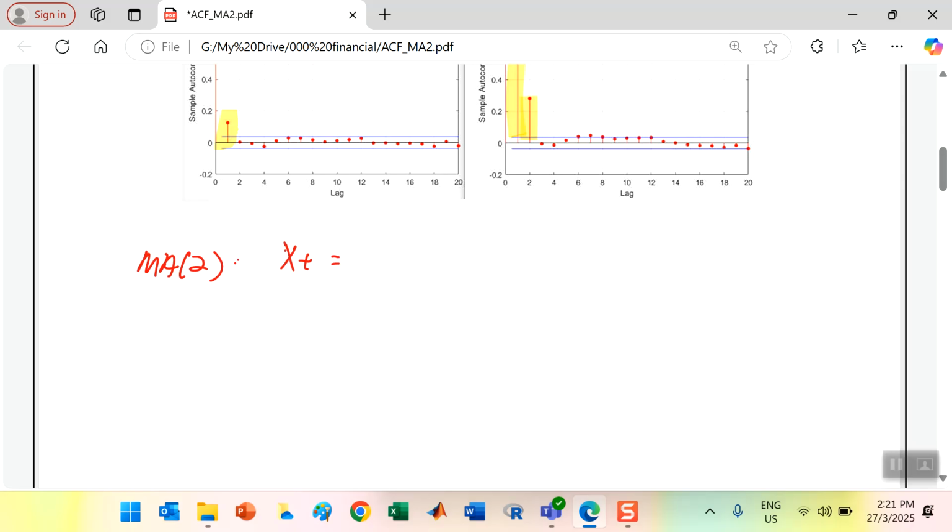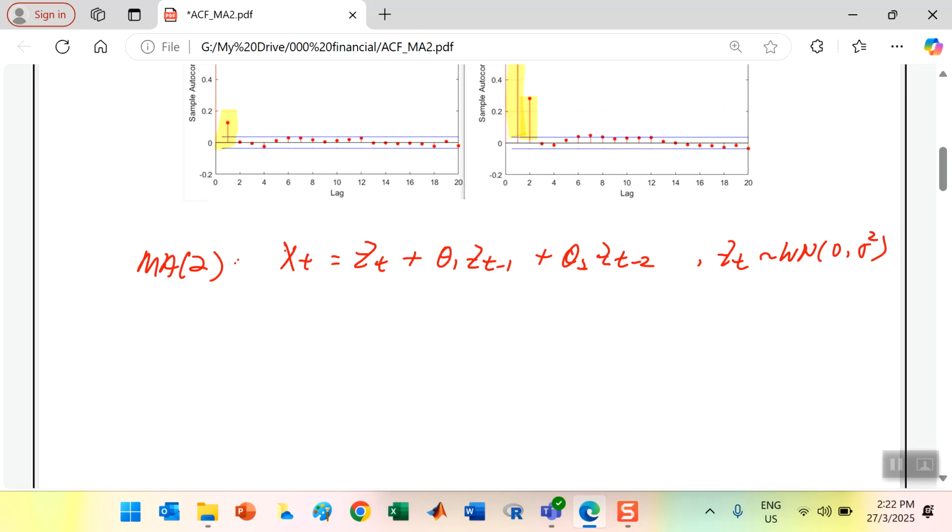You have two lags of the noise: Zt, then the first term, lag 1 noise, and then the second term, lag 2, Z(t-2). Zt, Z(t-1), Z(t-2) are all white noise with mean 0 and a constant variance.